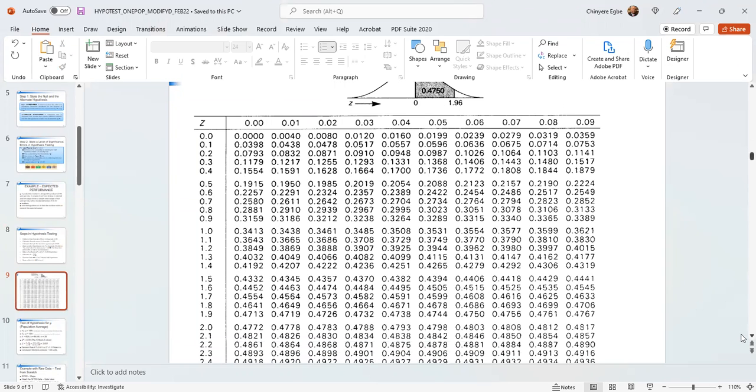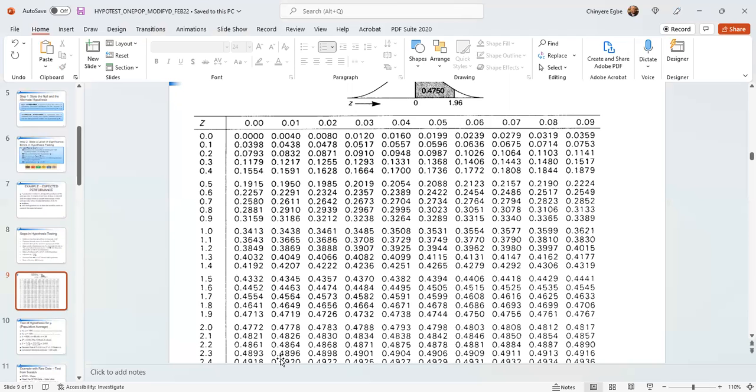Correct, because half of the distribution is 50%. So if you have 1% left out, what remains in that half of the distribution has to be 49%. So we go to our table and look for 49%. We have 0.4901. Do you see that?